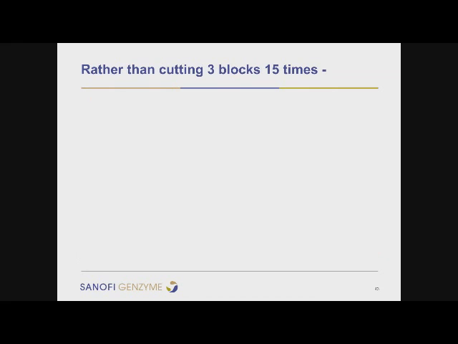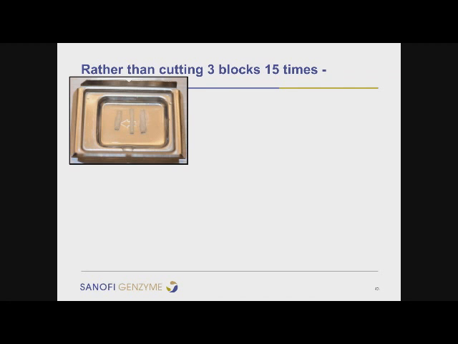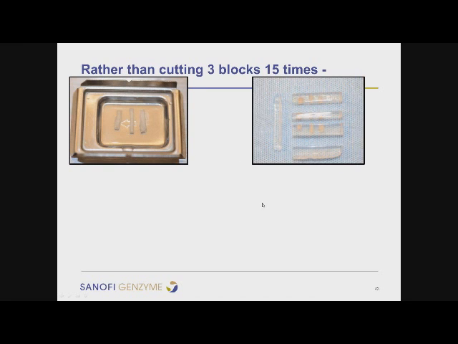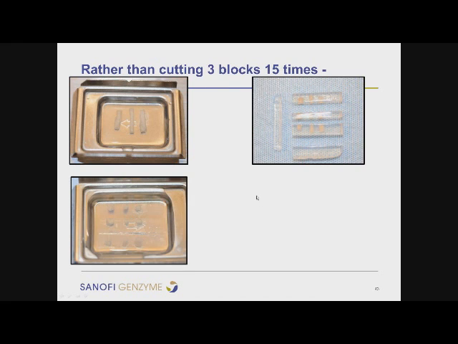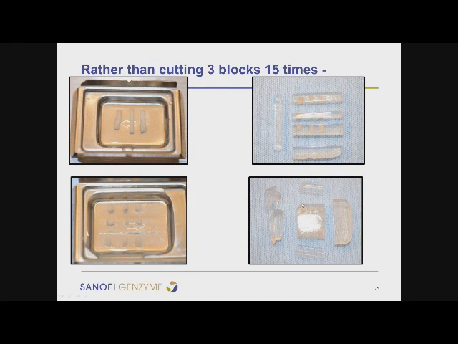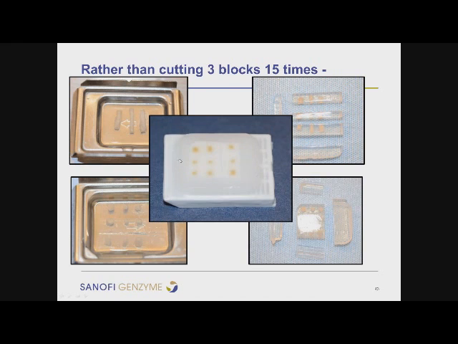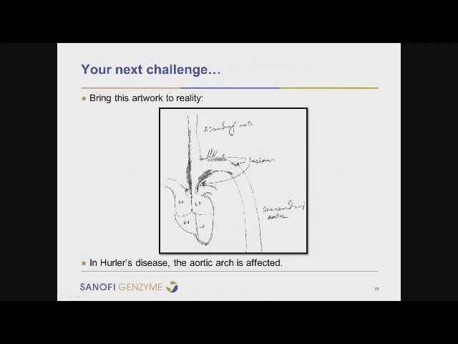Well, rather than cutting 3 blocks 15 times, what we did was embed all 3, cervical, thoracic, and lumbar, into the histogel, and then do our trimming and re-embedding similarly, trimming again so I could tell, okay, I know my orientation here. And then we formed a block so that rather than cutting 3 blocks 15 times, we could cut 1 block at 5 different levels. Saved a lot of time.